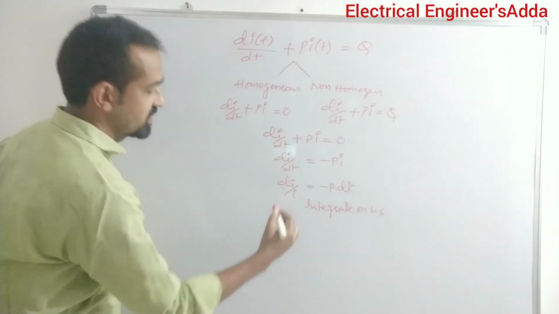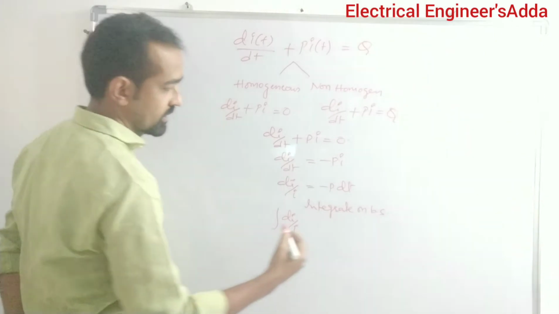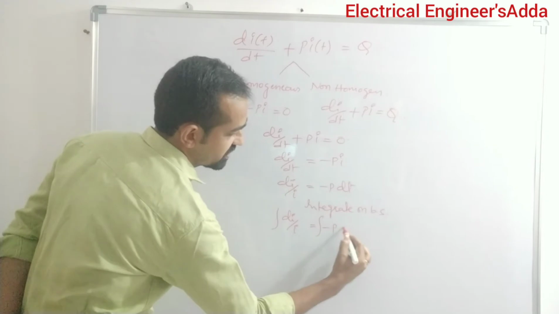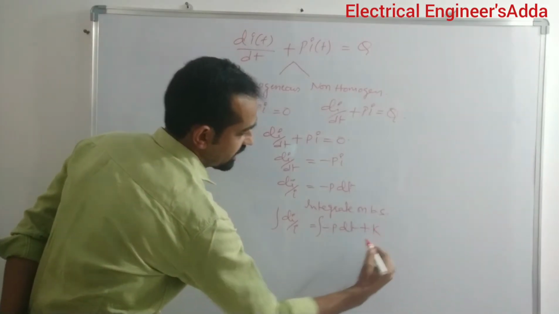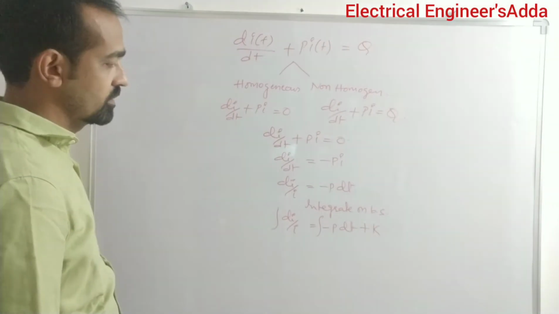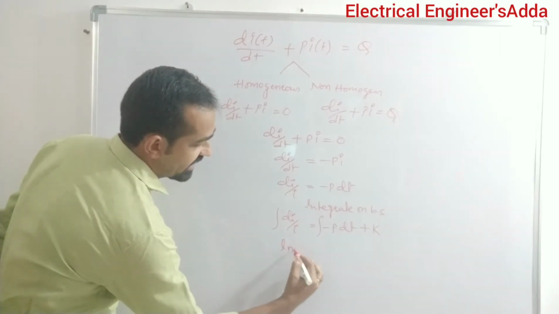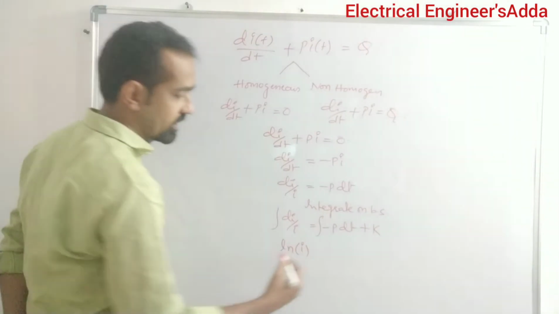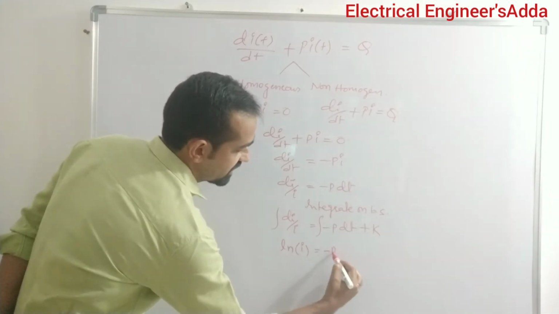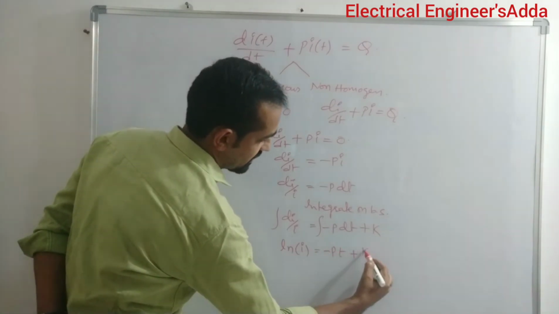This becomes the integration of di/i equal to minus the integration of p dt plus k. What is the integration of 1/i? That is ln of i. The integration of minus p dt is minus p t, plus k.